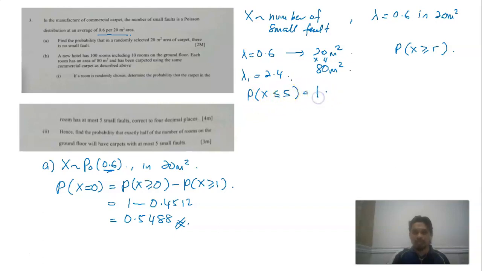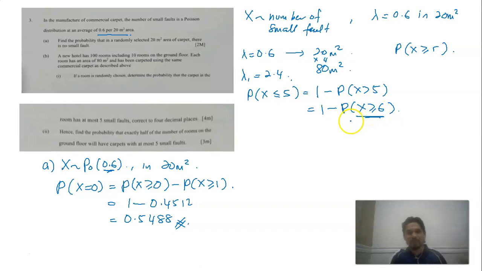What we want to find out, we can use 1 minus the probability of X greater than 5, which is 1 minus the probability of X greater than or equal to 6, from the Poisson distribution in the book.